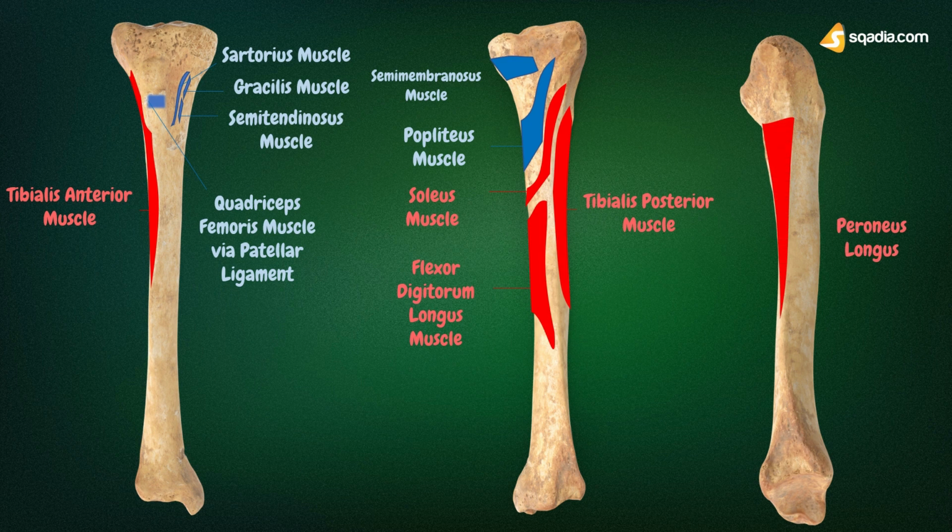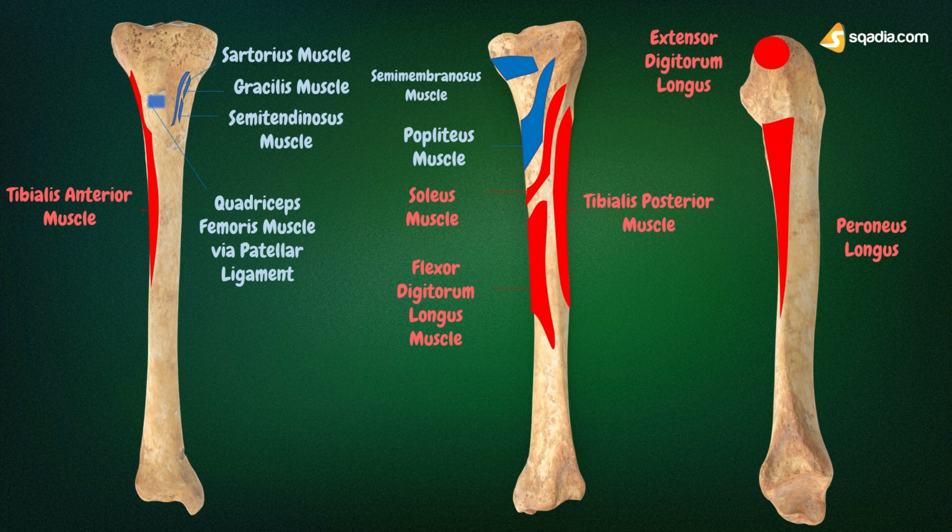A ridge is present on the shaft of the tibia to which the flexor digitorum longus muscle attaches. Peroneus longus attaches to the lateral condyle of the tibia, however, it is mainly originated from the fibula. The extensor is originated from the lateral condyle of the tibia.